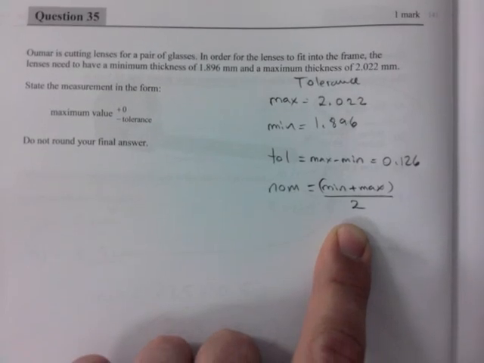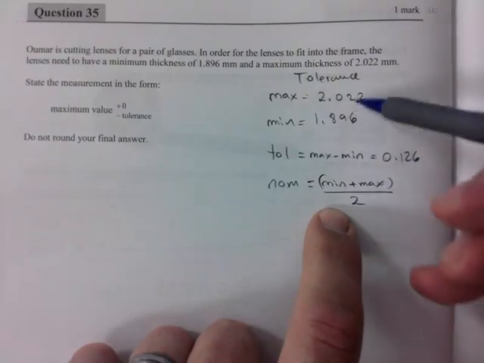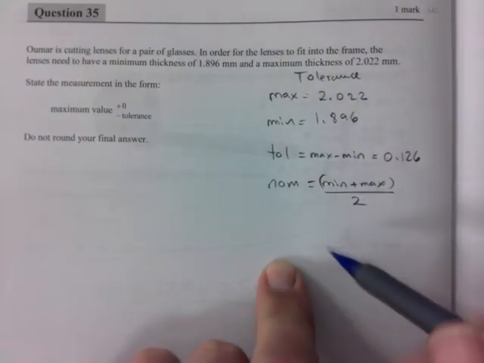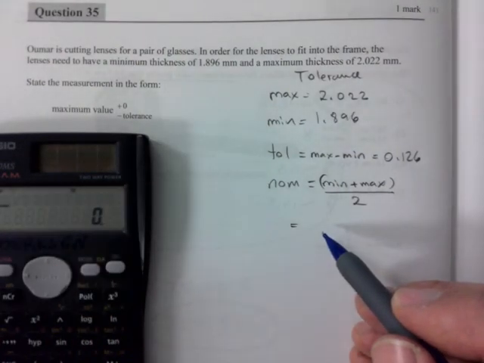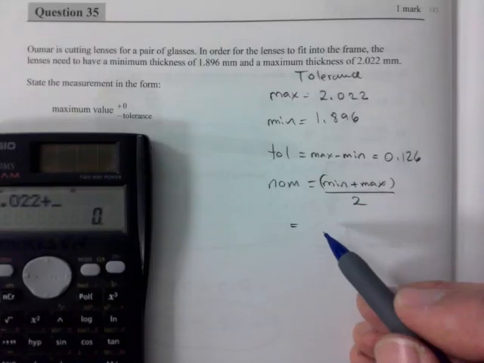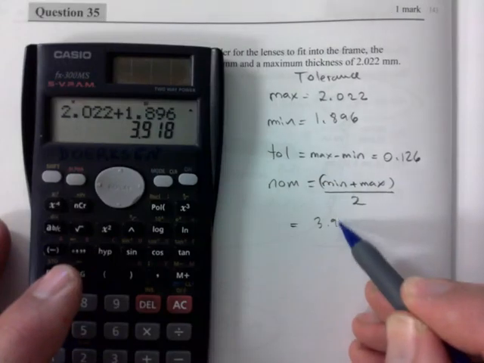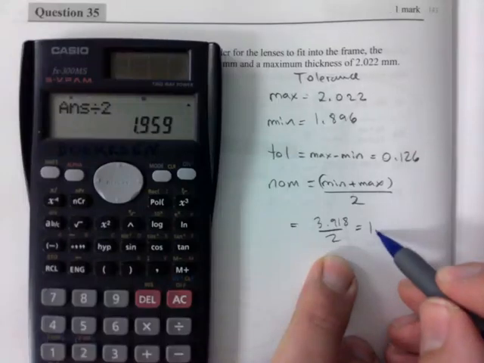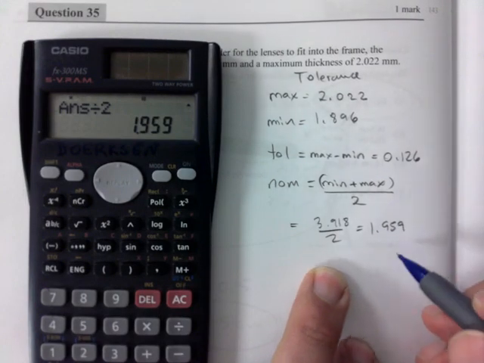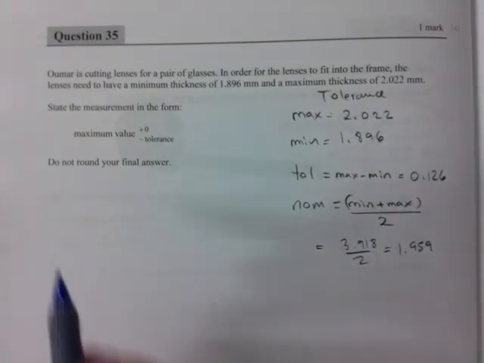When you don't know what the target is, then you just figure it out. You add it up, divide it by 2. So that would be 2.022 plus 1.896. That's 3.918 divided by 2. It's 1.959. This is the nominal. That's what we're after. Now we're ready to state our answer.